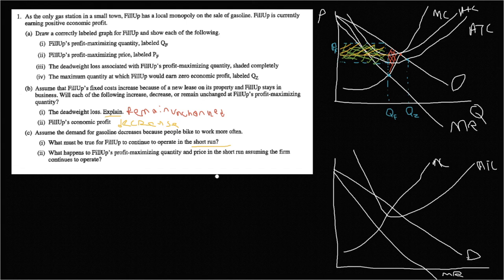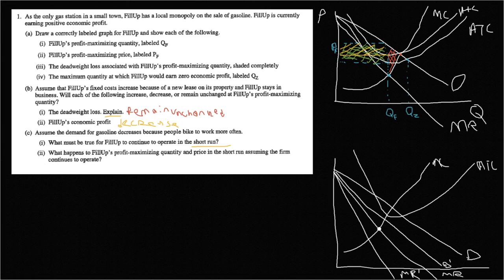Alright. And so the demand is actually decreased. I'm going to say it like that. And so marginal revenue prime and D prime.